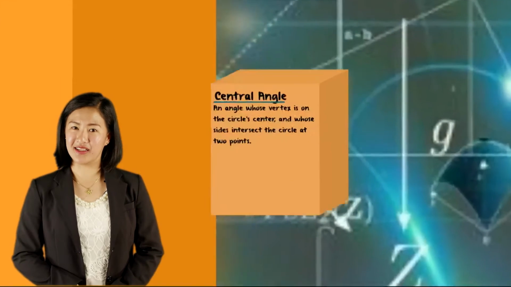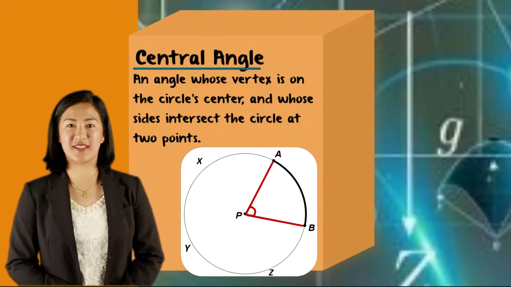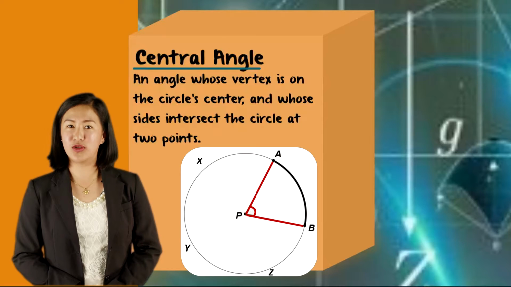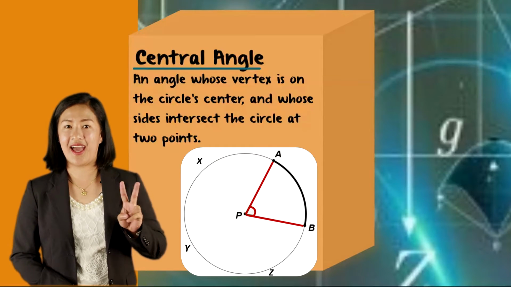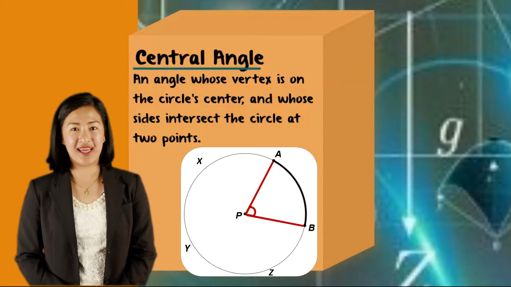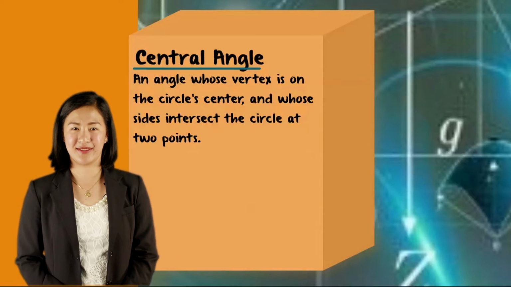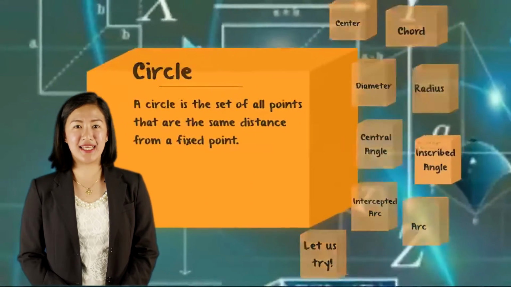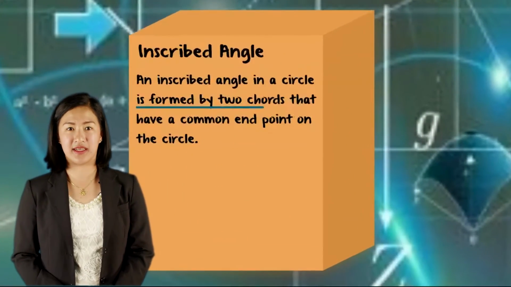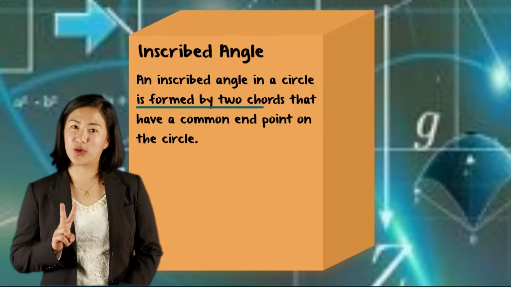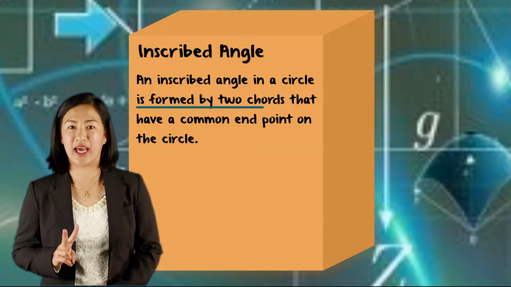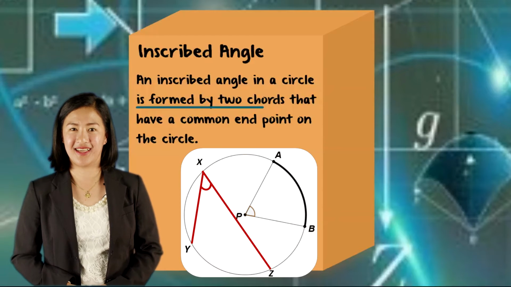A central angle is an angle whose vertex is on the circle's center and whose sides intersect the circle at 2 points. Angle APB is a central angle on circle P. An inscribed angle in a circle is formed by 2 chords that have a common endpoint on the circle.